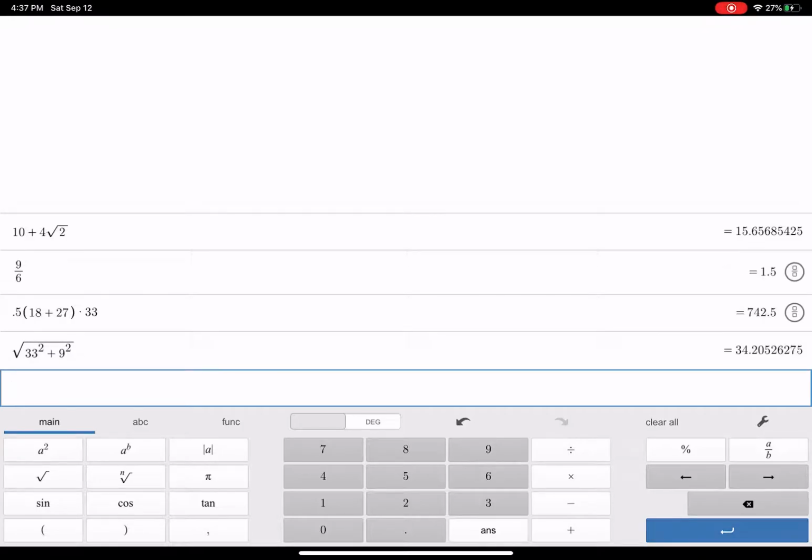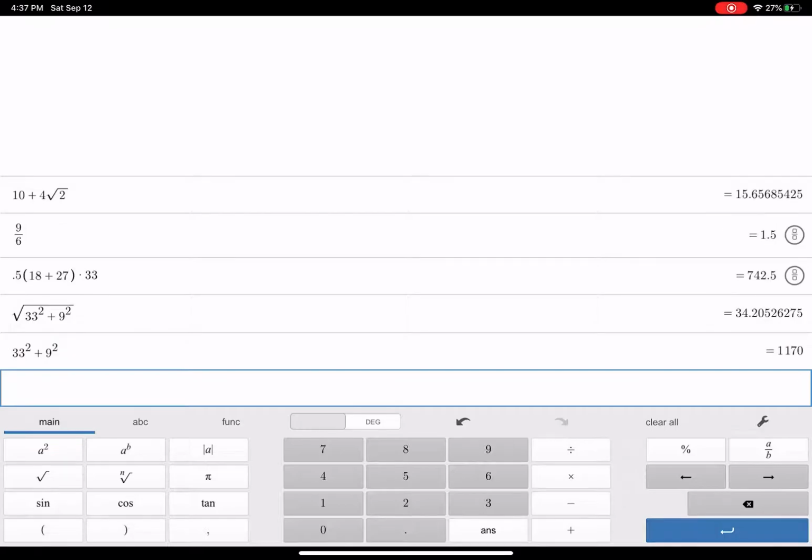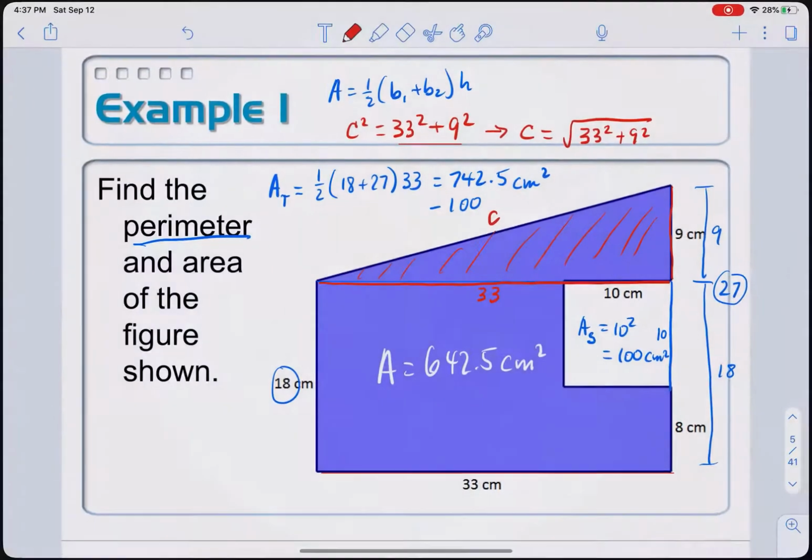And we see that we have ourselves an irrational number. So one of the things that I could do, instead of leaving it as this decimal number, I can do 33 squared plus 9 squared, and just say that the number underneath the square root is 1,170. Does that reduce? It probably does.